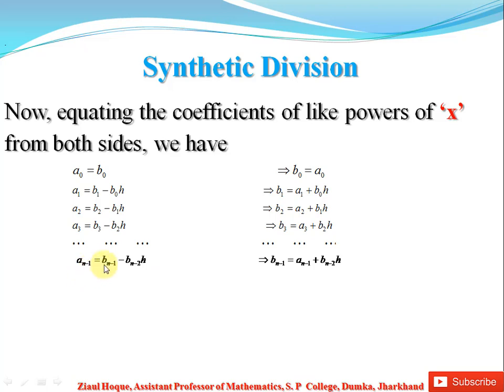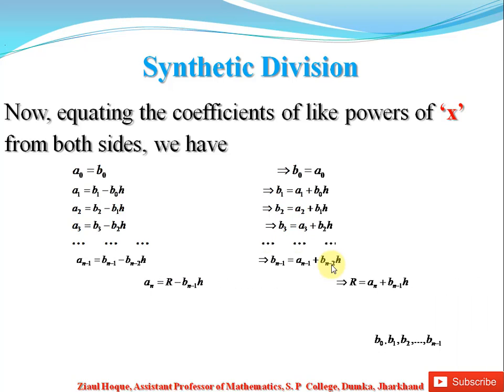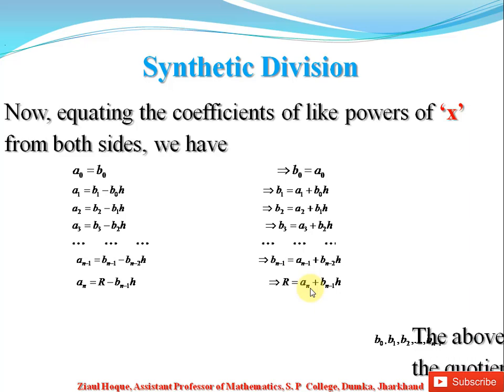a(n-1) = b(n-1) minus b(n-2)h, which implies b(n-1) = a(n-1) plus b(n-2) into h. an = r minus b(n-1)h, or remainder r = an plus b(n-1)h.